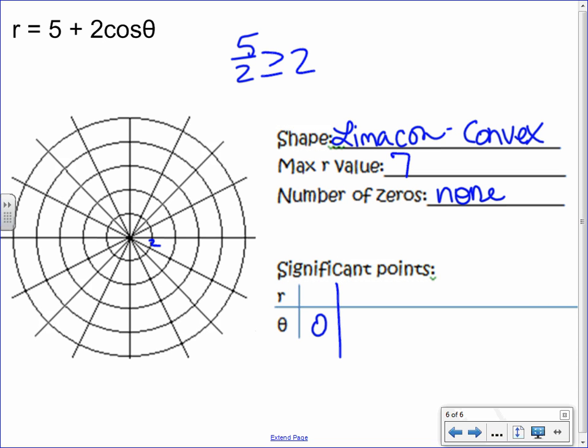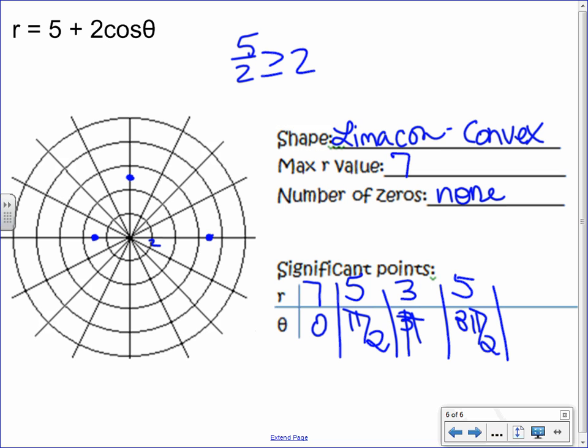I'm going to count by 2s again. 5/2, 3, 5/2, and 2 pi takes us back to 7.